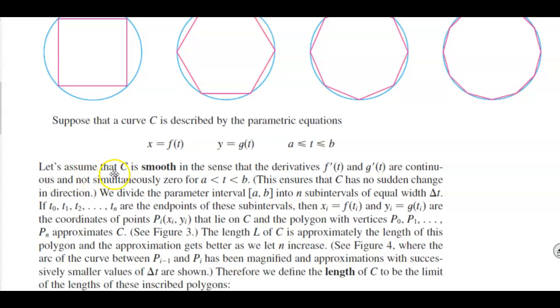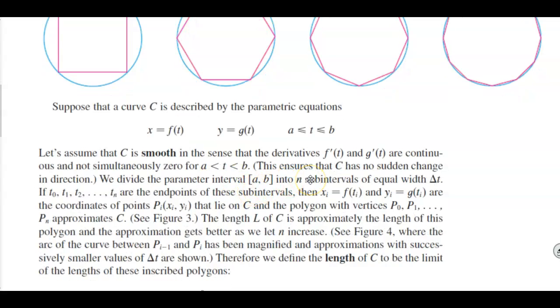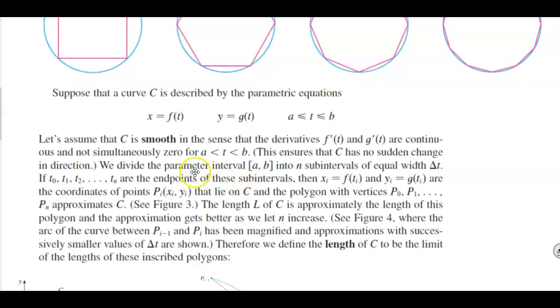Let's assume that C is smooth in the sense that the derivatives f prime of t and g prime of t are continuous and not simultaneously zero for t between a and b. This ensures that C has no sudden change in direction. Then we divide the parameter interval from a to b, inclusive, into n subintervals of equal width delta t.